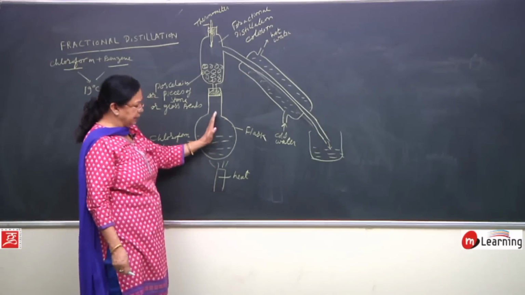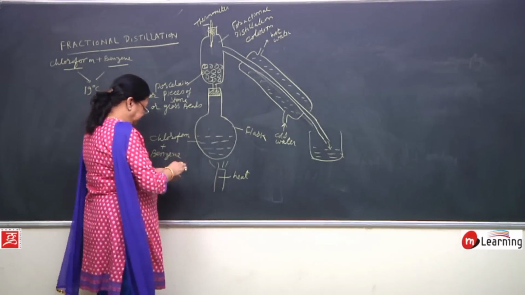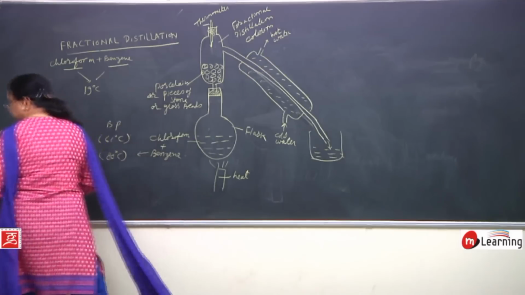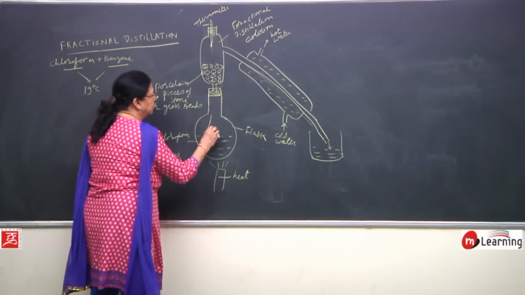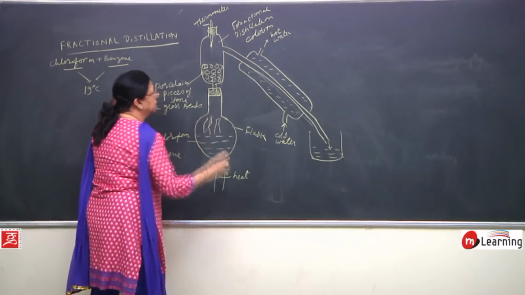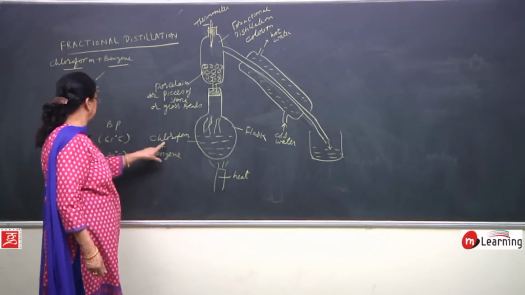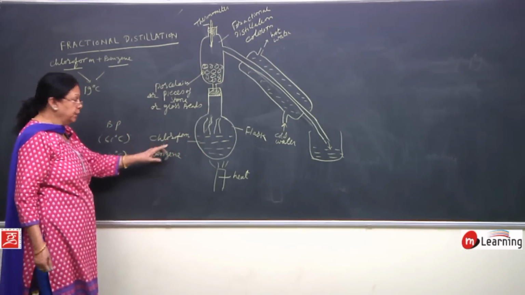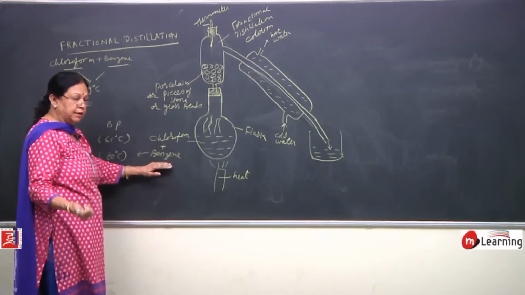Because when we are heating it here, what will happen? Vapors will rise here. These vapors will rise here, and the vapors will be maximum of what? Maximum they will be of chloroform, but with chloroform some vapors of benzene will also be there. Why?